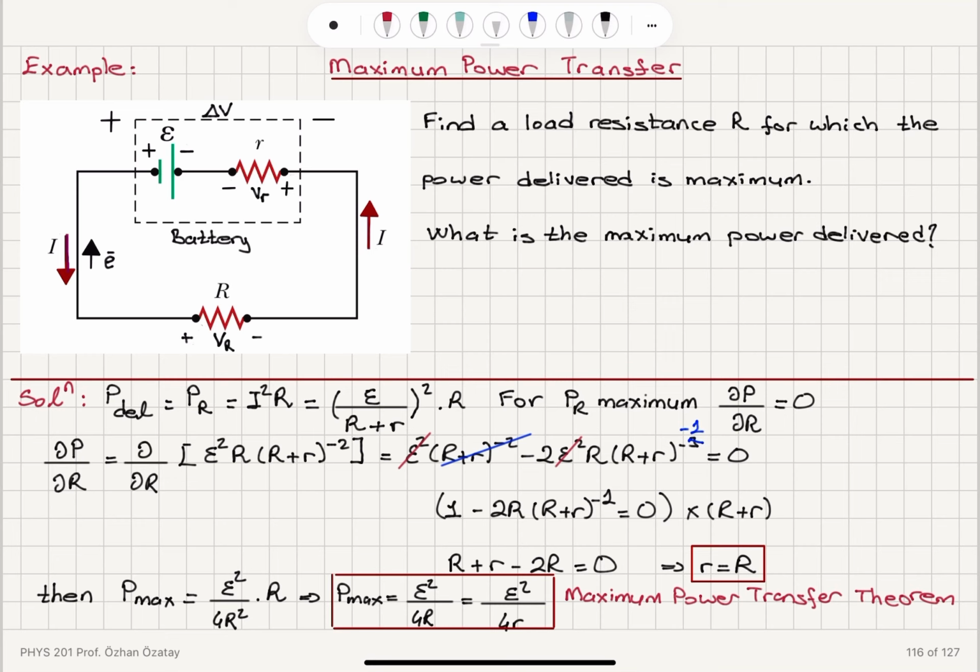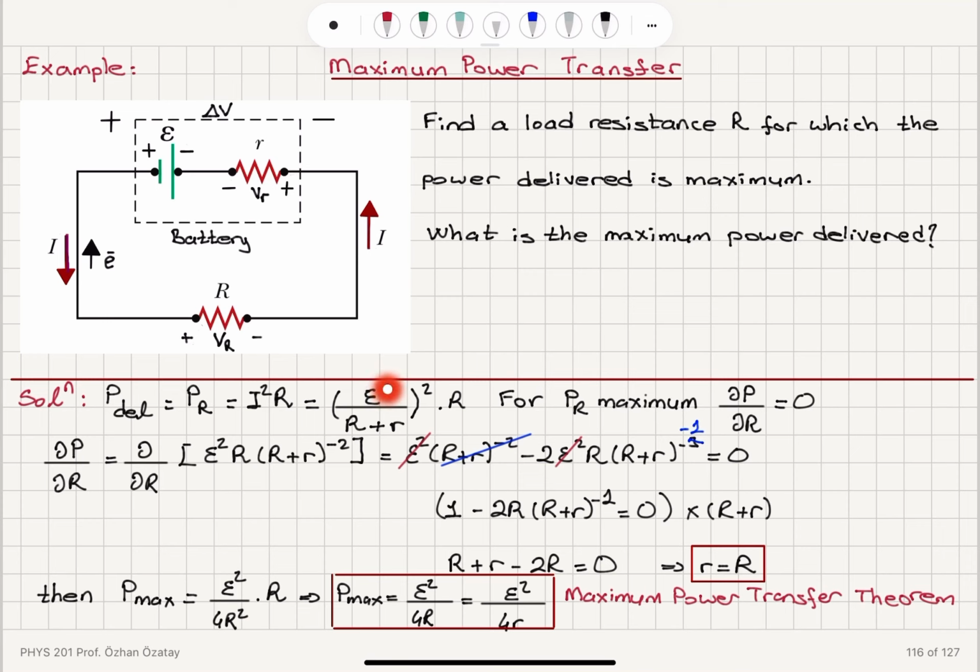This is the power, but for this power to be maximum, we need to take the partial derivative with respect to capital R and set it equal to 0. When we do that, we find that when r is equal to capital R, when the load resistance is equal to the internal resistance of the battery, we will have maximum power transferred. What is the maximum power delivered to the load?